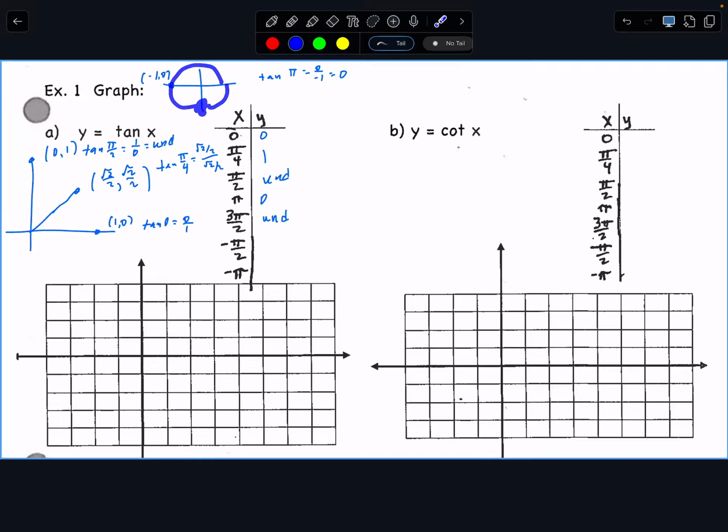Negative pi halves goes to here. It's the same one. And you get 0 in the denominator, and it is undefined. And negative pi is the same as pi. From here to here is pi. Going this way, it's pi, and at pi, tangent is 0.